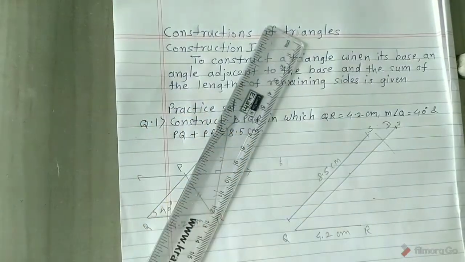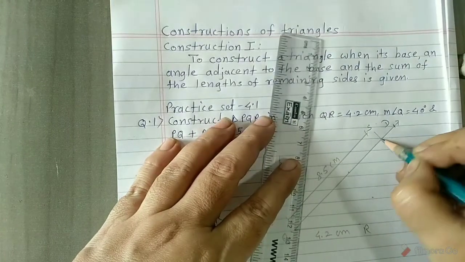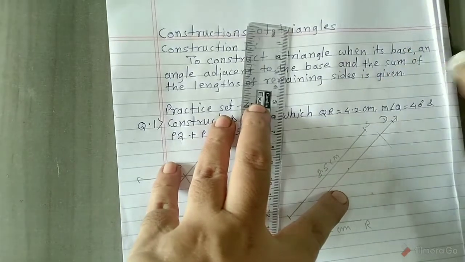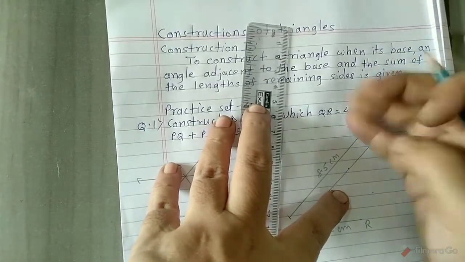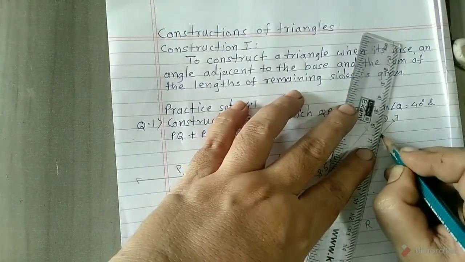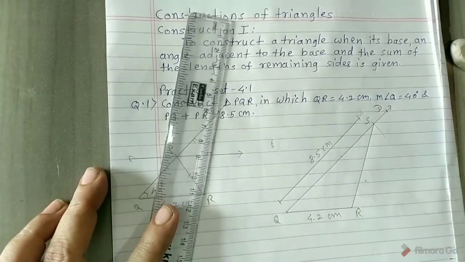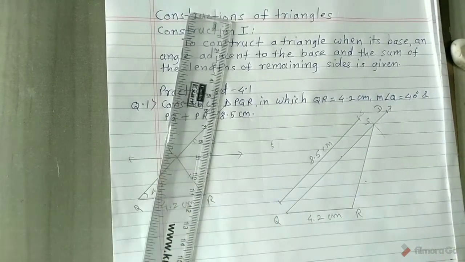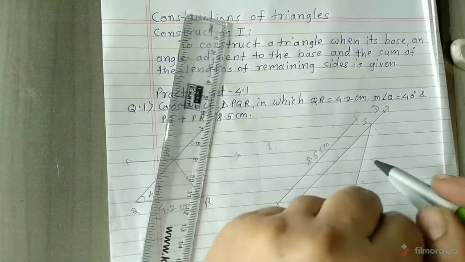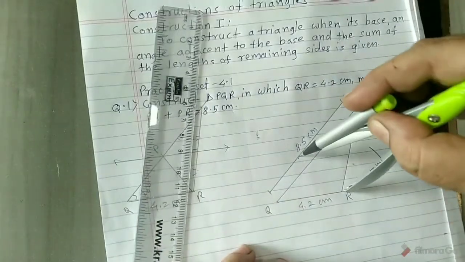Now we draw SR. Here I write S on this arc. Okay, then we join this SR. Now construct a perpendicular. So we draw a perpendicular bisector of this SR. Then again we take more than half of this and make arcs on this side and this side also.